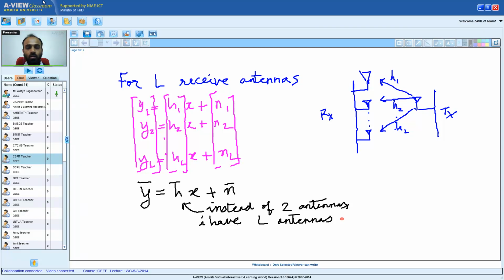Therefore, can someone tell me how should I process the received signals Y1, Y2, YL in this system?